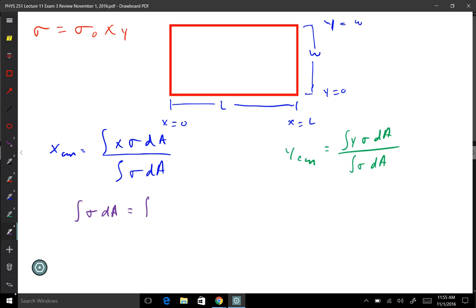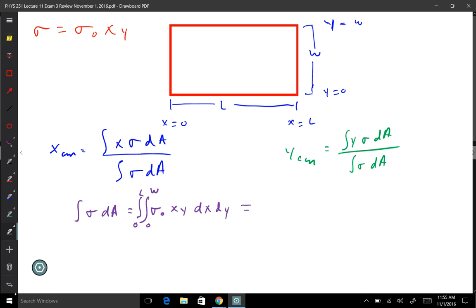So that's equal to the integral of sigma sub 0 xy dx dy. I'm going to have two integral signs, one for the x, one for the y, one going from 0 to L, one going from 0 to W.